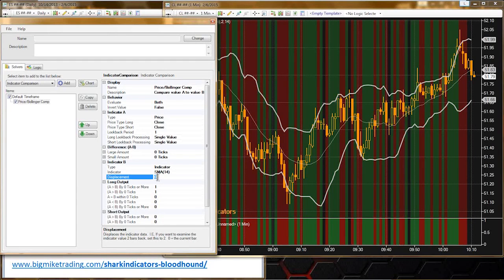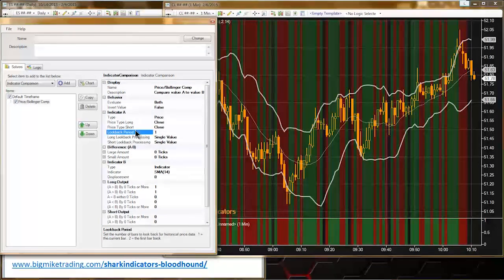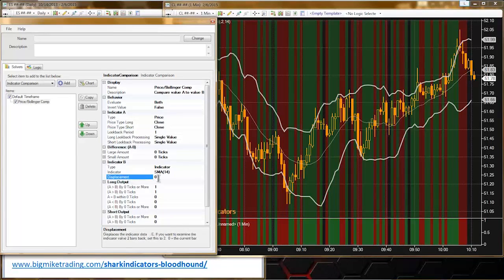Just as a little side note, I think it was done this way because the programmers decided to do it this way. This is NinjaTrader's format, and so we decided to stick with NinjaTrader's format. NinjaTrader starts its displacement at 0, but for indicators that have a look back function built in, NinjaTrader starts the numbering at 1.